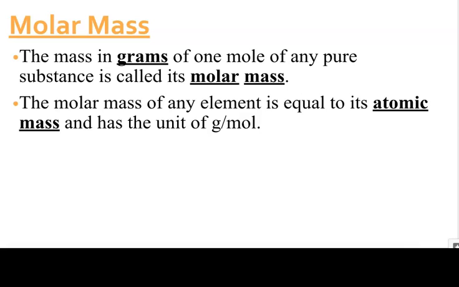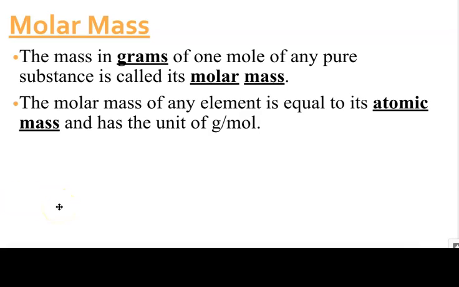All right, so when we're talking about molar mass, this is just the mass in grams of 1 mole of any pure substance. That is the definition of molar mass. And you've seen this on the periodic table because it is equal to the atomic mass. So that number we learned before on the periodic table, the one with all the digits afterwards, that's the atomic mass.